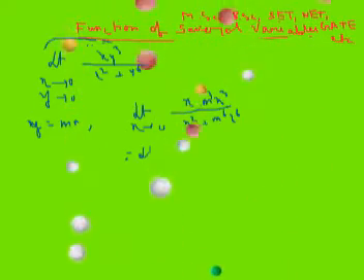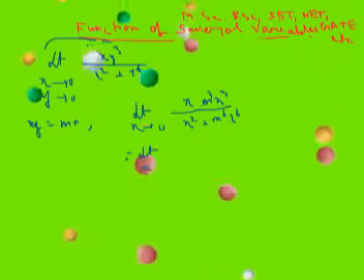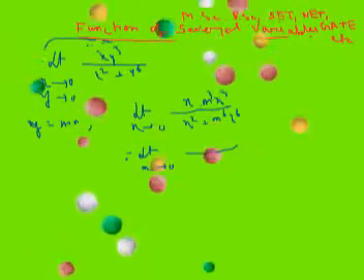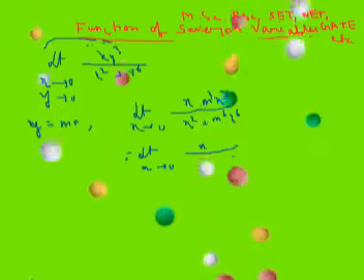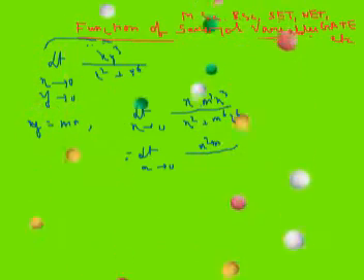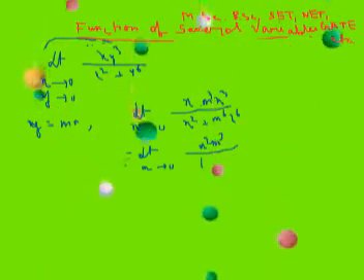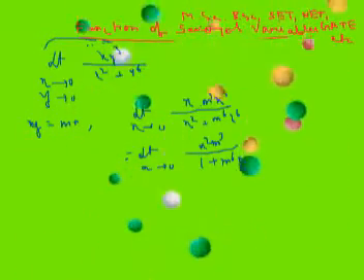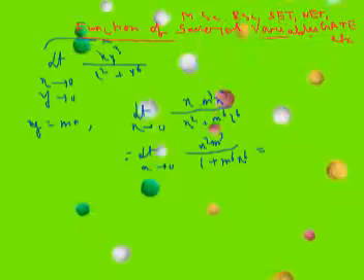Then it will be limit x tends to 0 of x square m cube over 1 plus m6 x4. So this will be 0.